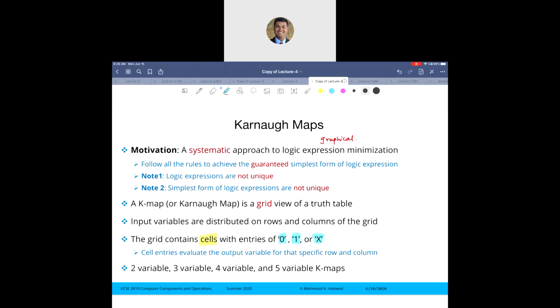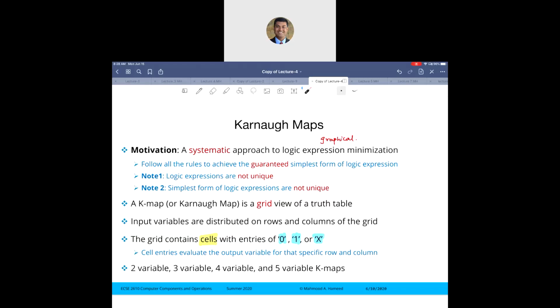So the output could be a 0, could be a 1, it doesn't matter. Usually you will see a 0 or a 1, but you may also see a don't care situation for a cell. The cell entries are essentially evaluating the output variable for that specific row and column input variables.